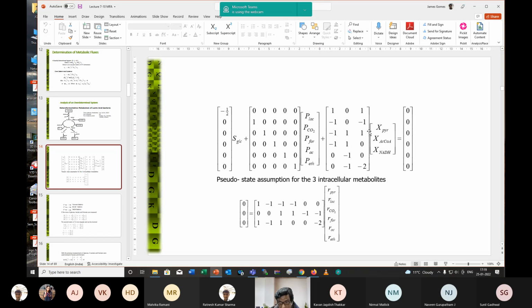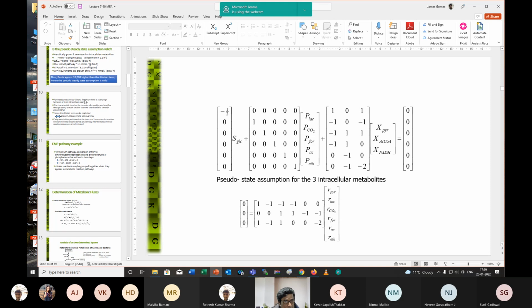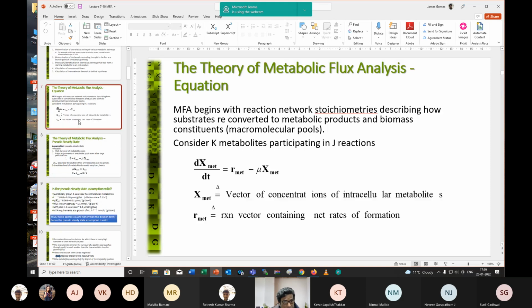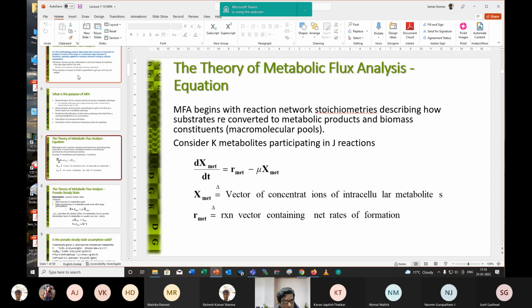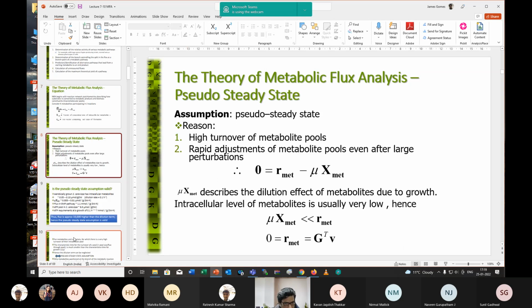This would be the net metabolic balance. So you pick up the stoichiometric matrix from here, and then you construct this one out here, equation 7.